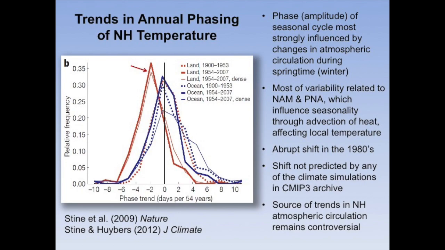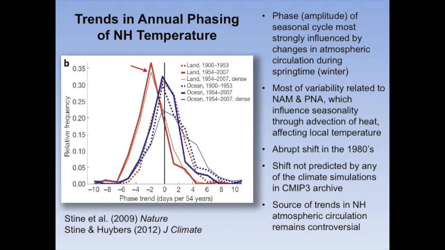And so you're looking at the annual phasing of temperature over the year. And instead of doing what you would expect from global warming, which is just getting hotter, and you're offsetting that daily march of temperatures upwards, instead what you're seeing is actually a shift earlier by an average of about 1.2 days. And we don't understand what that is.